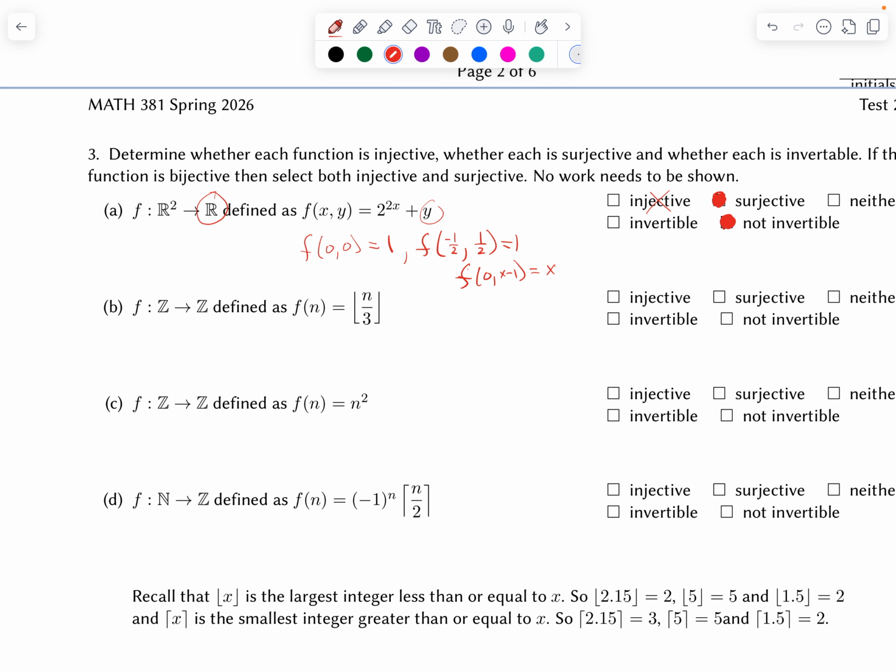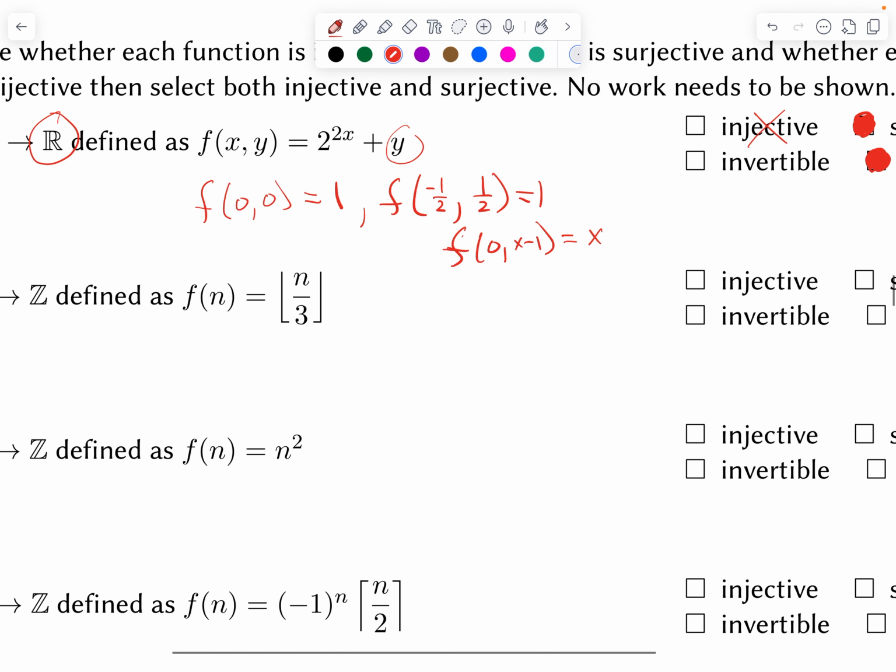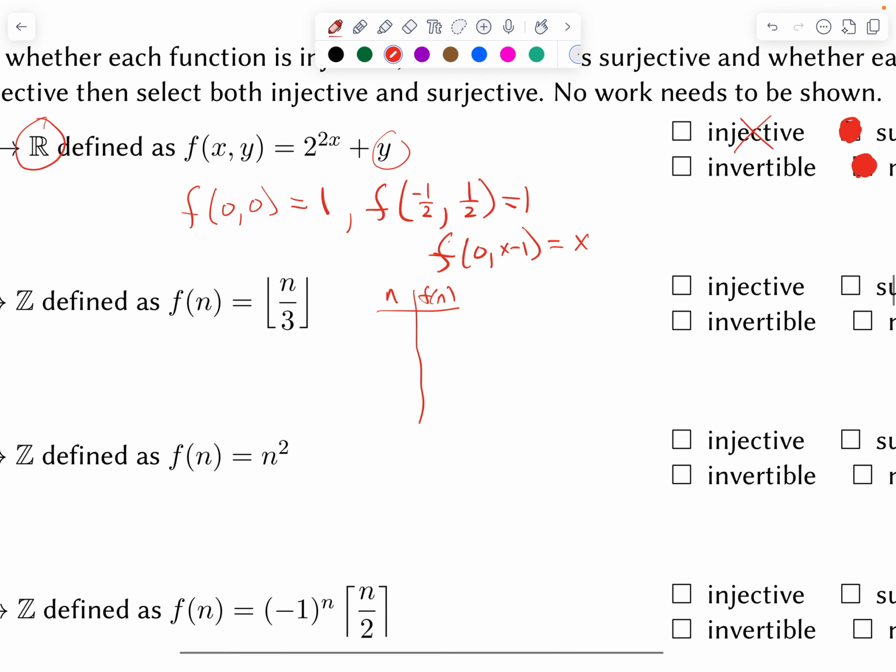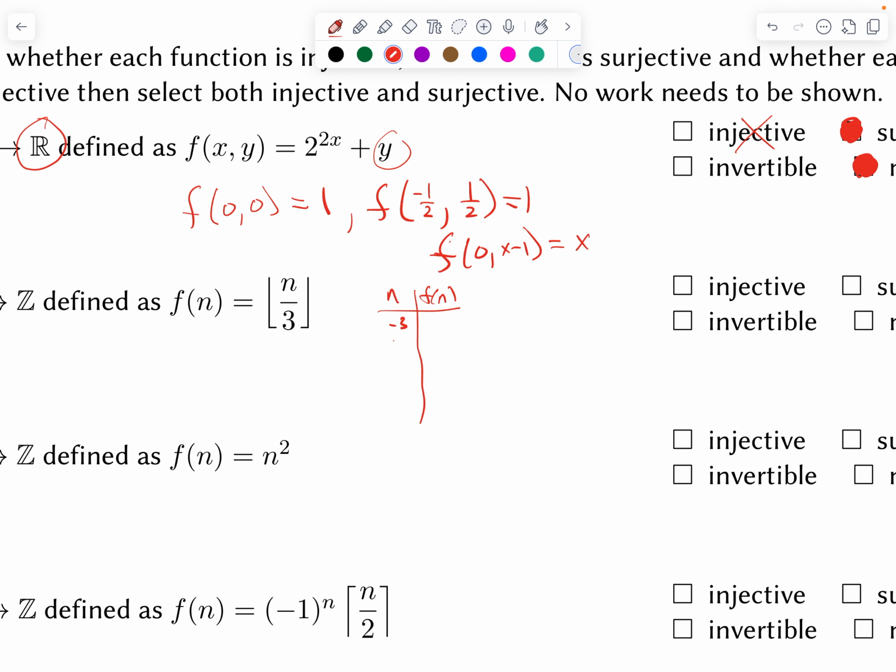The next one, this one's pretty easy to show. Let's just make a little table to illustrate. F of n. We're going from the reals to the reals, so negative 3, negative 2, negative 1, 0, 1, 2, 3.